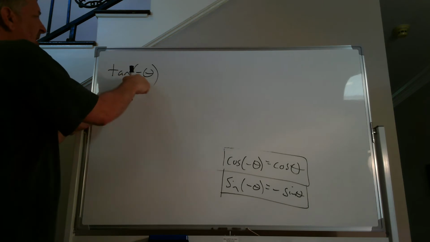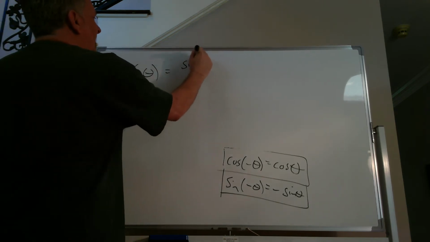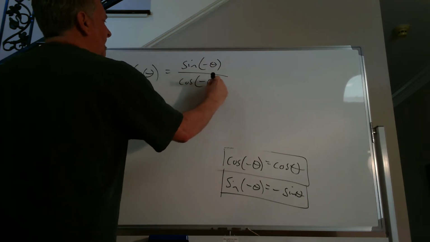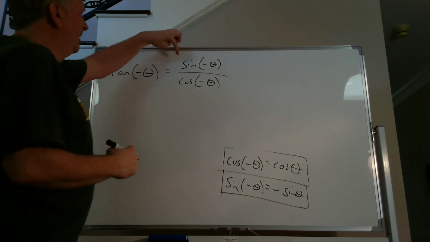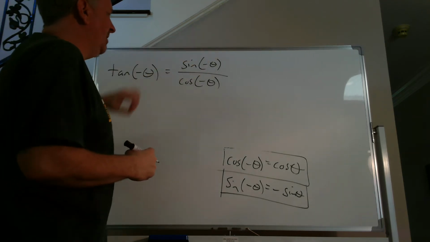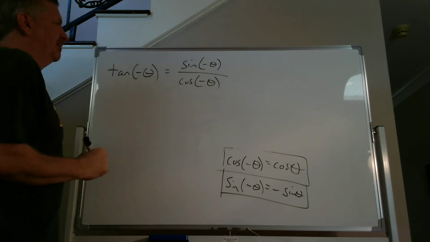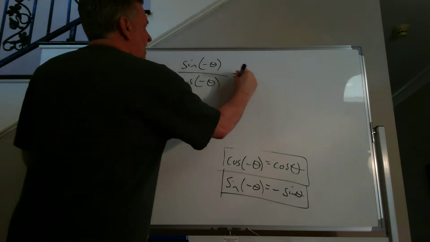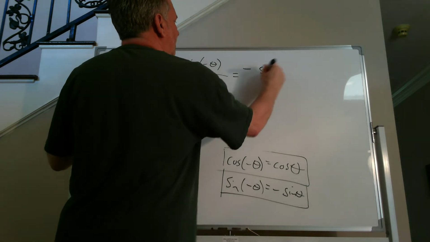So tan of negative theta, if you use the quotient identities, that's sine of negative theta over cosine of negative theta. The quotient identity says tangent of an angle is equal to sine of the angle over cosine of the angle. So whatever angle's here, you put here and here. Doesn't always have to be just a theta. Well, we know sine of negative theta is negative sine theta.